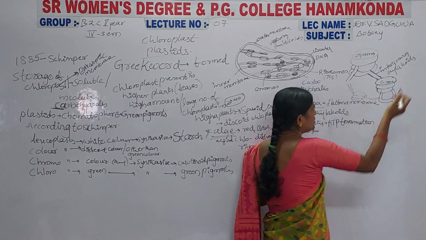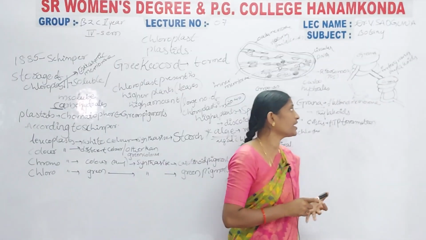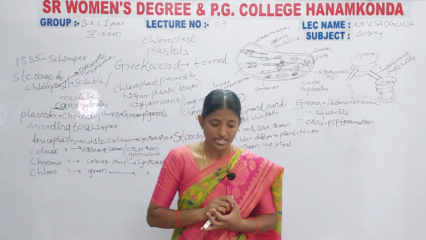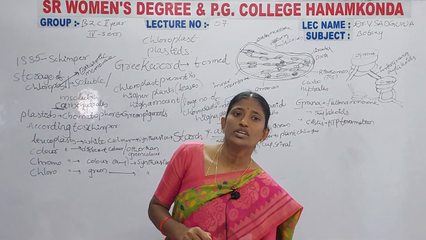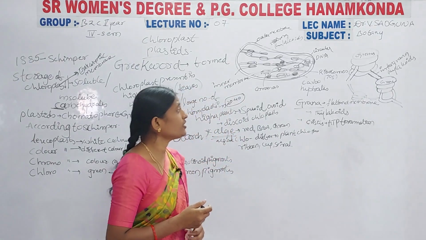Again, these are the different types of structures, the intergrana thylakoid type of structures. This one is mostly flat-ended, with grana closer together.